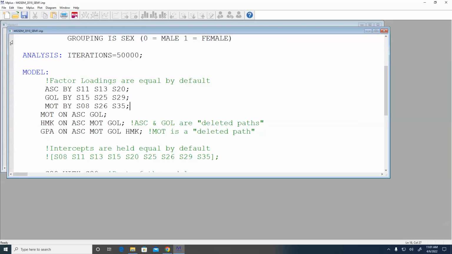I tend to constrain them all as a group. It's like a multivariate test, and only if things don't look good do I worry about backing out and seeing, is there one that's more problematic than the other? So I would suggest you do them all, kind of like partial measurement invariance, right?